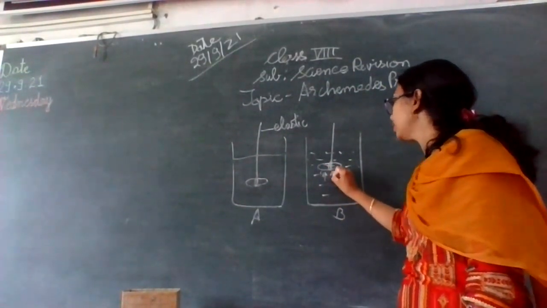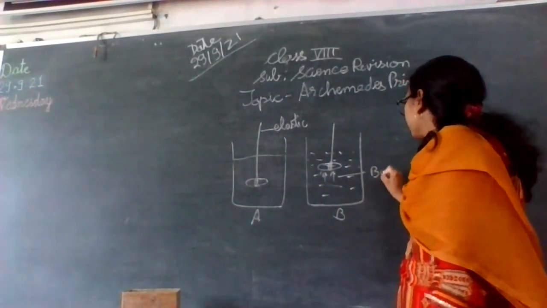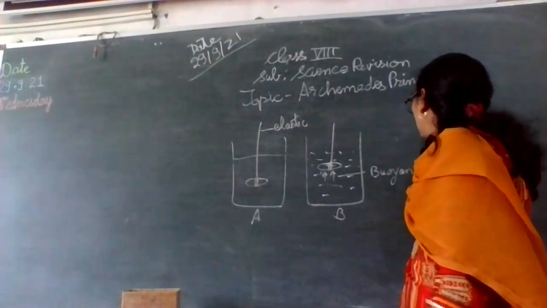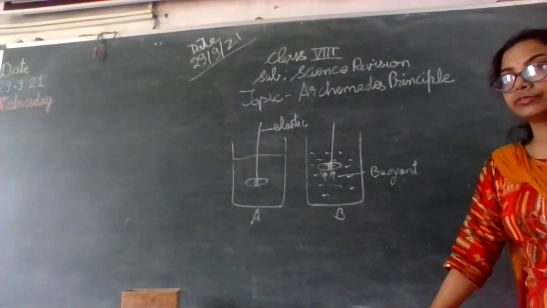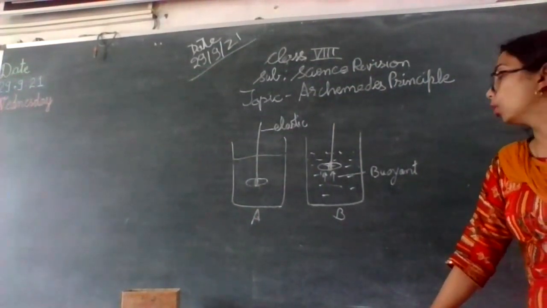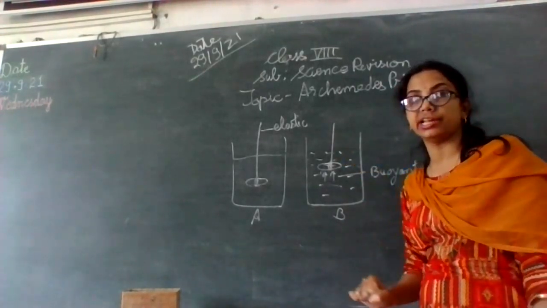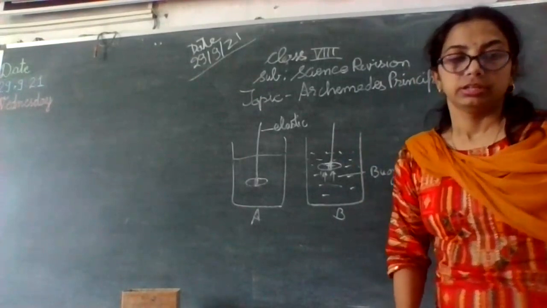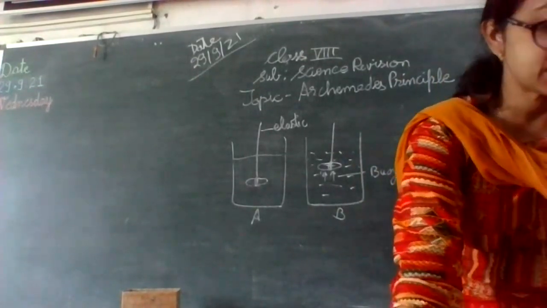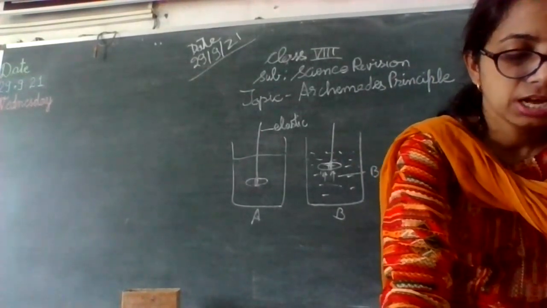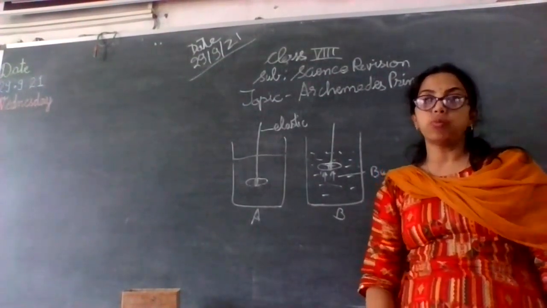Yesterday only we have seen the buoyant force is acting on the stone and pushing it upwards because of the buoyant force of the water, of the liquid, and that's why the length of the elastic is getting reduced. So when the stone is sunk in water, a buoyant force acts on it and it is being pushed in the upward direction.